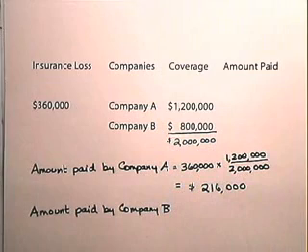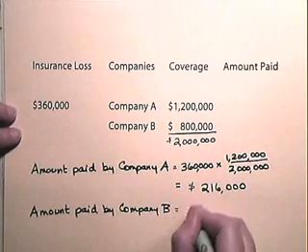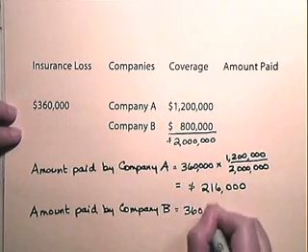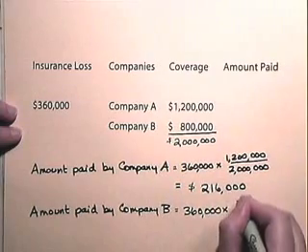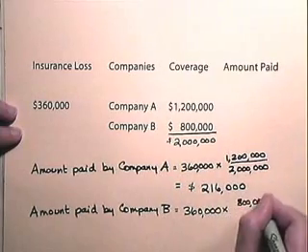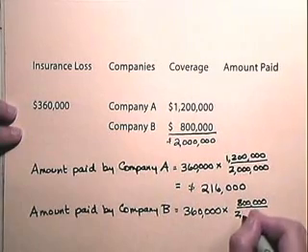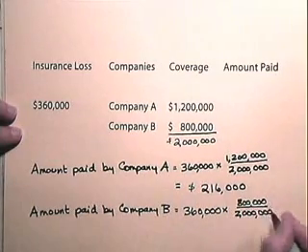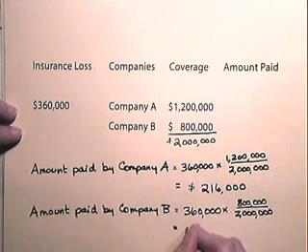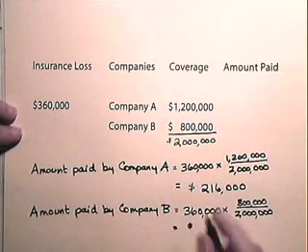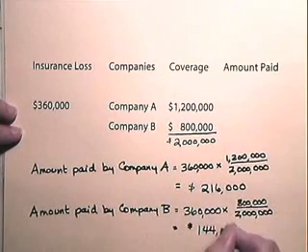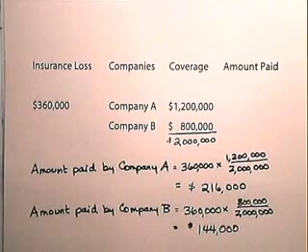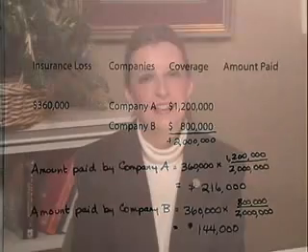The amount paid by Company B is going to be the loss, $360,000 times $800,000 out of the $2 million, which gives us amount paid of $144,000. So the insurance loss was covered by the two companies. Company A paid $216,000. Company B paid $144,000.